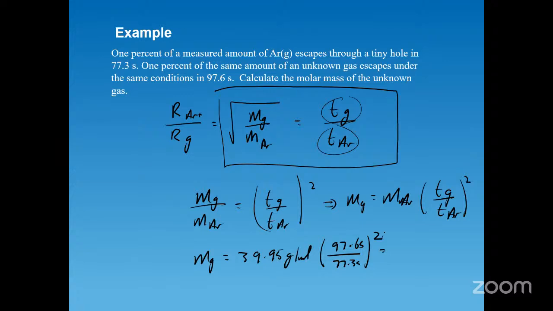All right, so that will be 97.6 divided by 77.3, and then I square that, and then I multiply that by 39.95, and then according to my calculation, please tell me if I'm wrong, I got 63, okay, so 63.7 grams per mole. And that's how you do that.